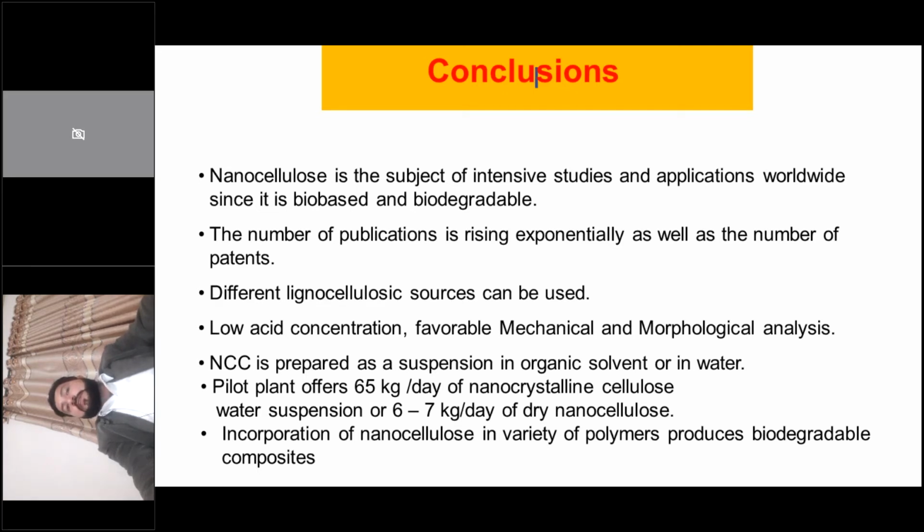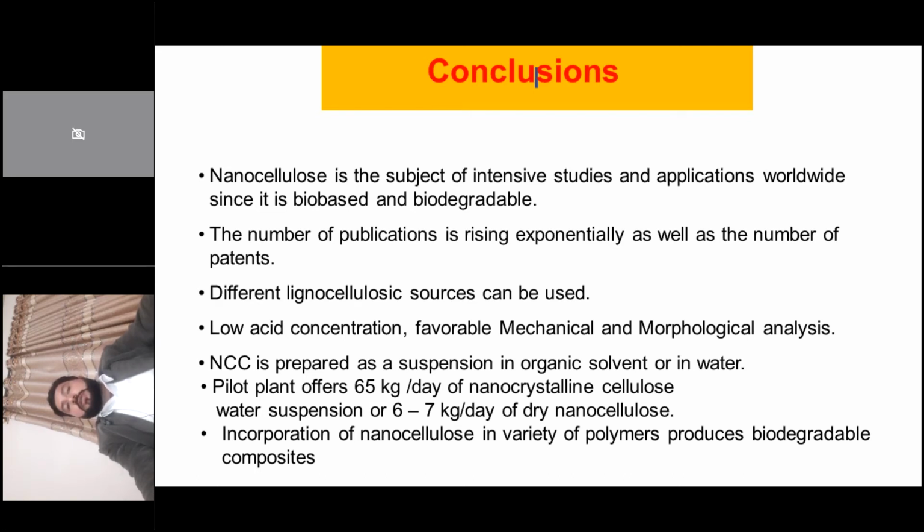Nanocellulose is prepared as a suspension in organic solvent or in water. So both types of medium can be used for production of nanocellulose. Pilot plant offers 65 kg per day of nanocrystalline cellulose water suspension, and 6 to 7 kg per dry weight nanocellulose can be obtained.